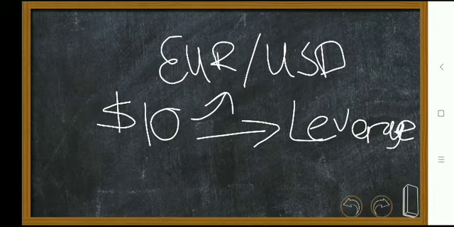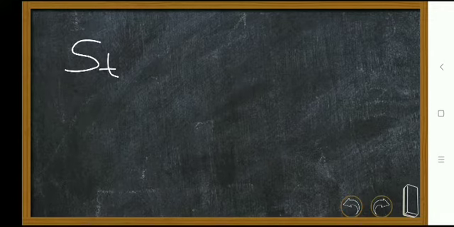But before we go there, let's talk about the volumes, account volumes, or the lot sizes, whichever you may call it, it's fine. So let's start with the lots. We have three types. In some rare cases you find four types, but right now we'll be focusing on the three.